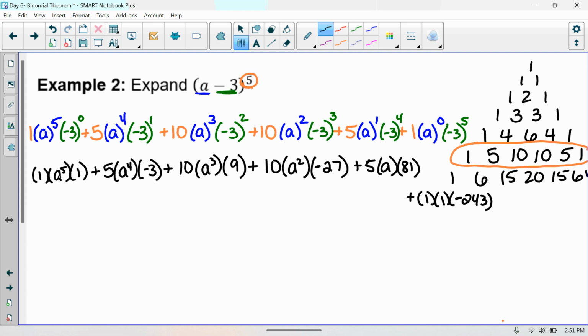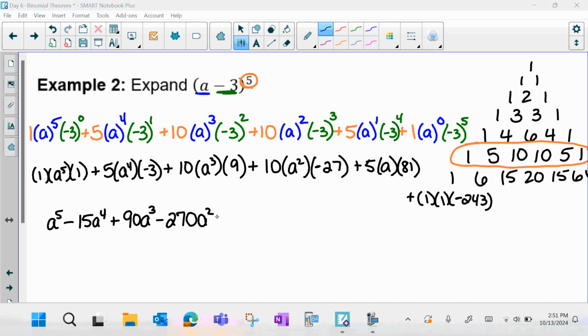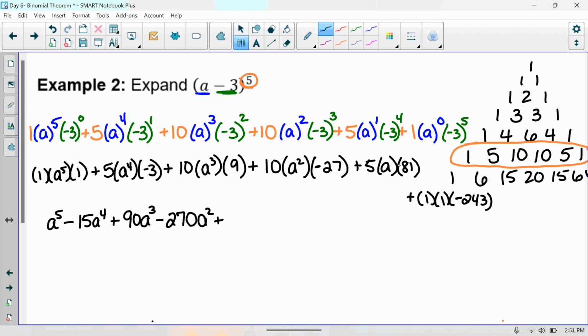So last step to just simplify from here, I get a to the 5th minus 5 times 3 is 15, a to the 4th plus 10 times 9 is 90, a cubed minus 10 times 27 is 270, a squared plus, I have 5 times 81 if you need to on the side. 5 times 1 is 5, 5 times 8 is 40. So I have plus 405a minus 243.